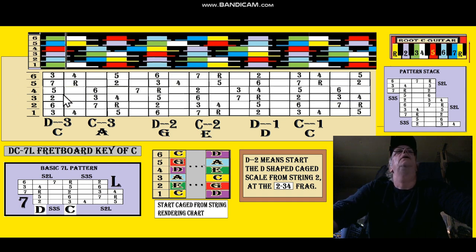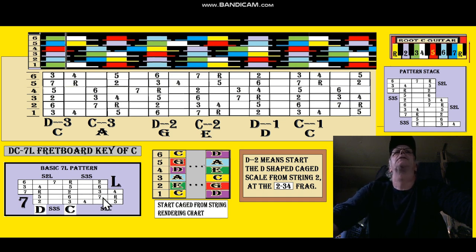All right, so this is from lesson 9. Actually, we're going to start picking it up here, and what we got here is the 7L pattern from 9. Okay, so we got 3 4 5 6 7R 2 3 4 5 6 7R2.